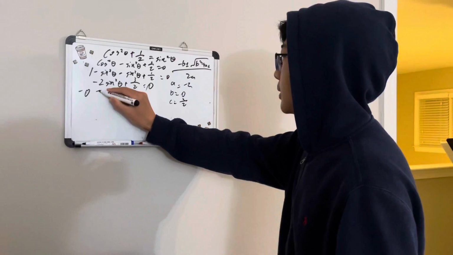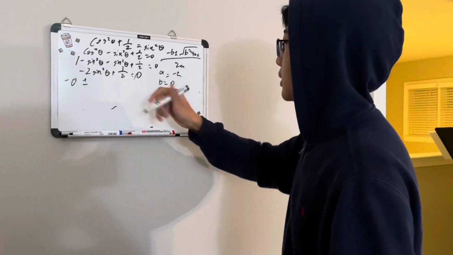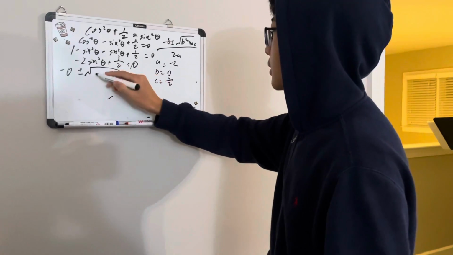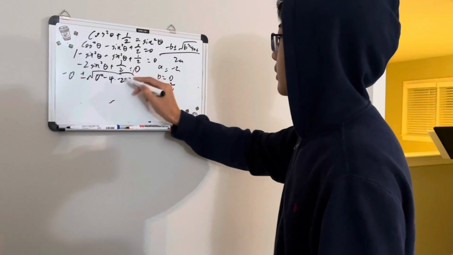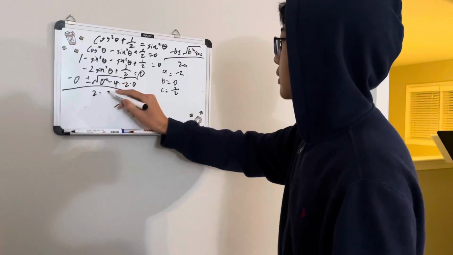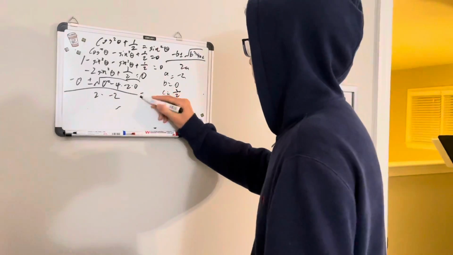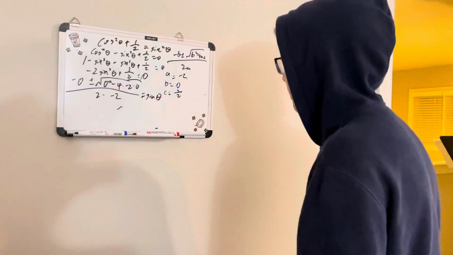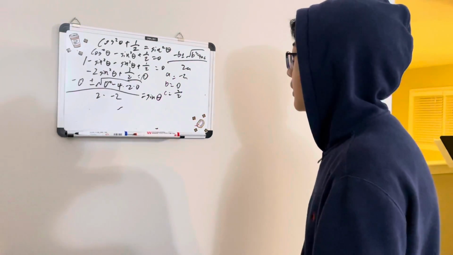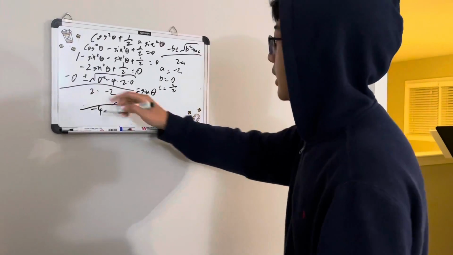And we do the quadratic formula. Negative 0, plus or minus the square root of 0 squared minus 4ac, over 2a. So that's equal to sine theta, which is basically x, right? So that's the -4 on the denominator.